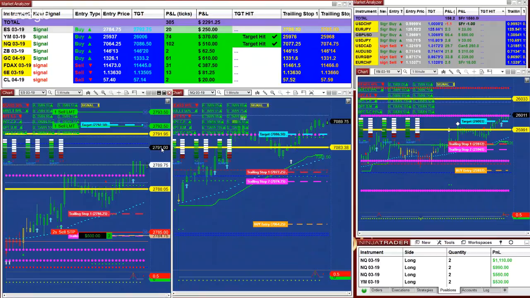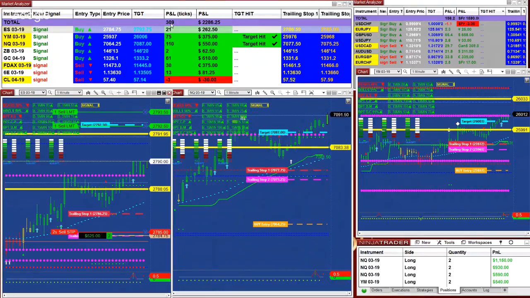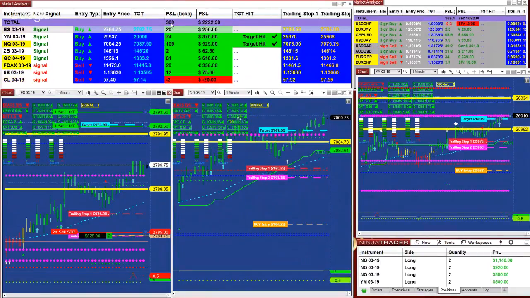Right now, here's the thing with the market: it is always trying to crawl right under your nose. As we see here, when we first started, we were around 100 ticks into the profit.